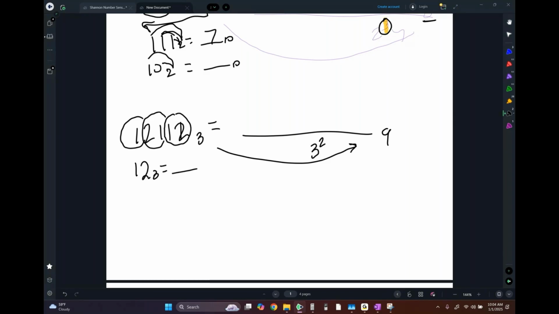And this is why you got to be good at bases, because you have to be able to fly through this, okay? You're going to do each one of those problems separately. 12 is easy. That's 5. 2 times 3 is 6 plus 1 is 7. And then 1 is 1. So 175.